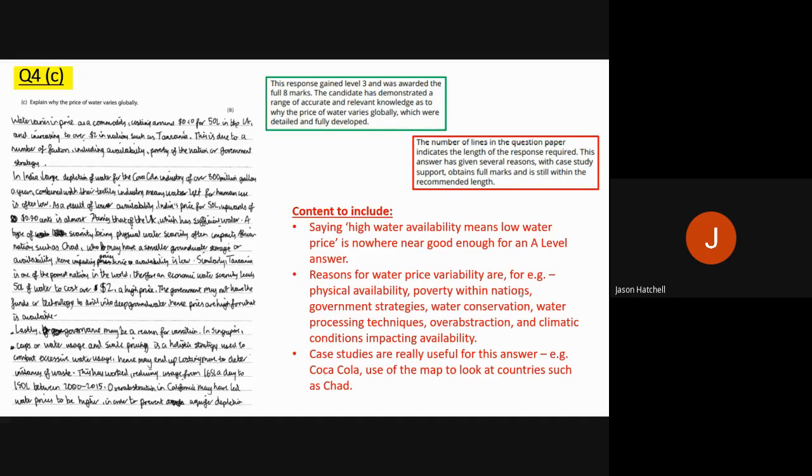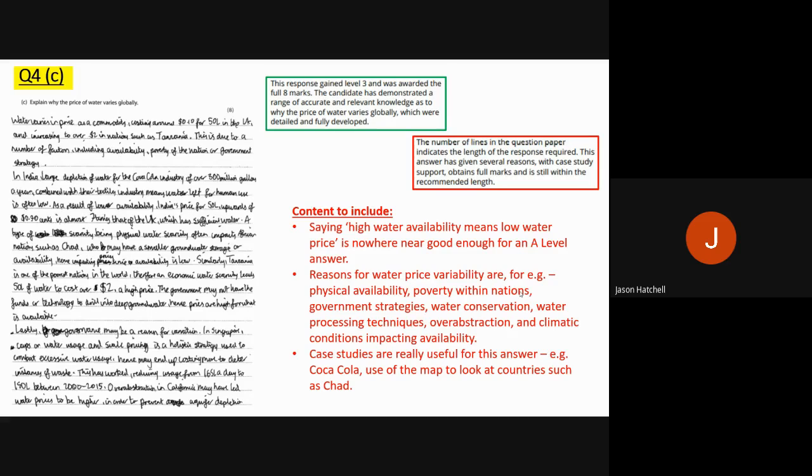Content to include. Saying that high water availability means low water prices is nowhere near good enough. As I said earlier, you need to look at the reasons for water price variability, such as the physical availability itself, poverty, government strategy, water conservation strategies, water processing techniques, over abstraction, climate conditions, etc. And finally, you can use case studies that are really useful, such as that Coca-Cola one in this answer.